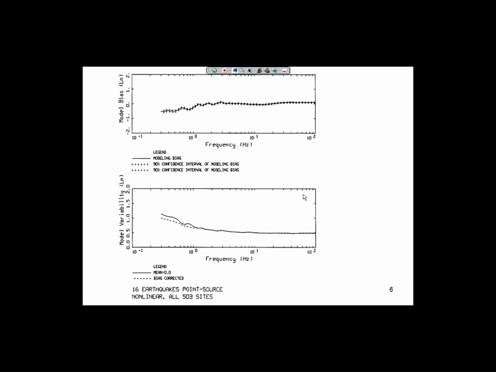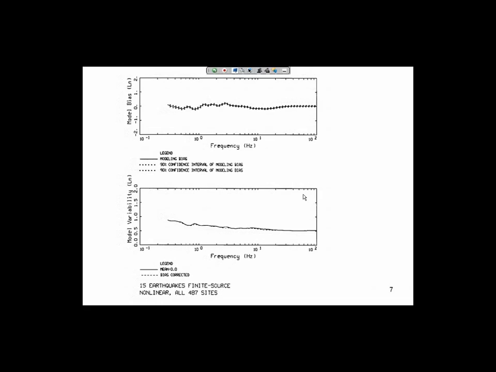The next thing to do is see how the finite source model works. And these are the results from the finite source model. You'll notice that the finite source model has improved the model bias. It basically runs around zero now all the way out to roughly 0.3 hertz or roughly 3 seconds.